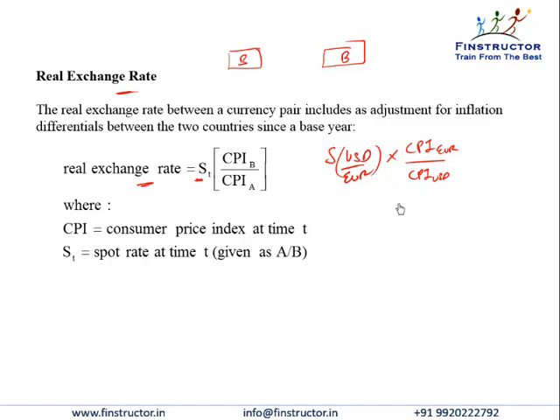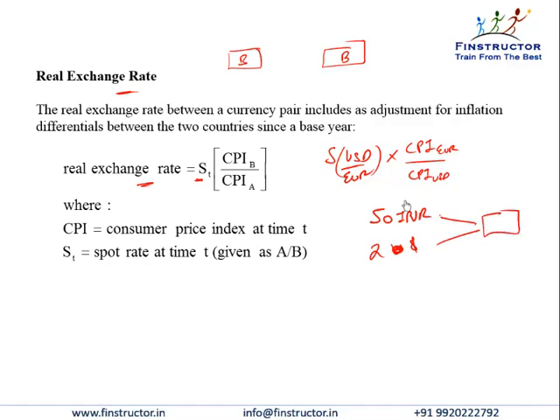So we'll do it with an example. Let's assume that the price of a consumption basket in India is 50 INR or 50 rupees, and the price of the same basket in US is $2. So it's the same basket of goods that we are comparing.